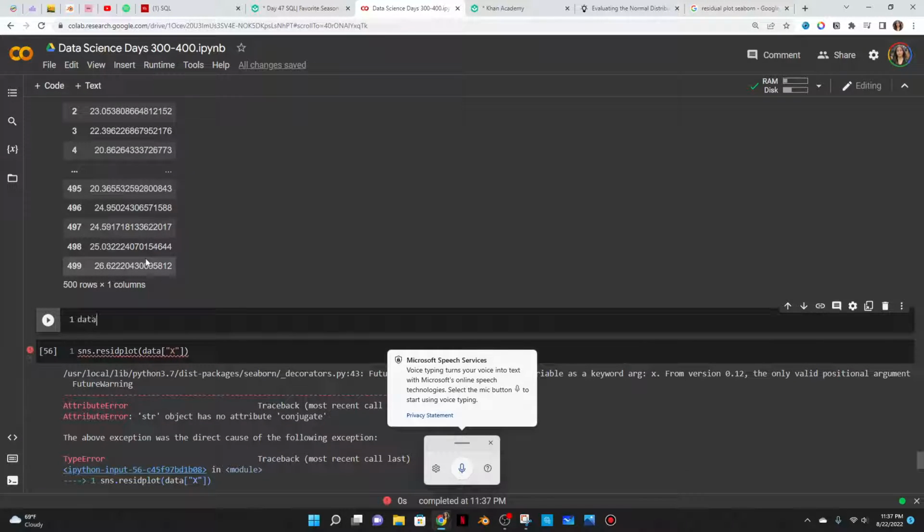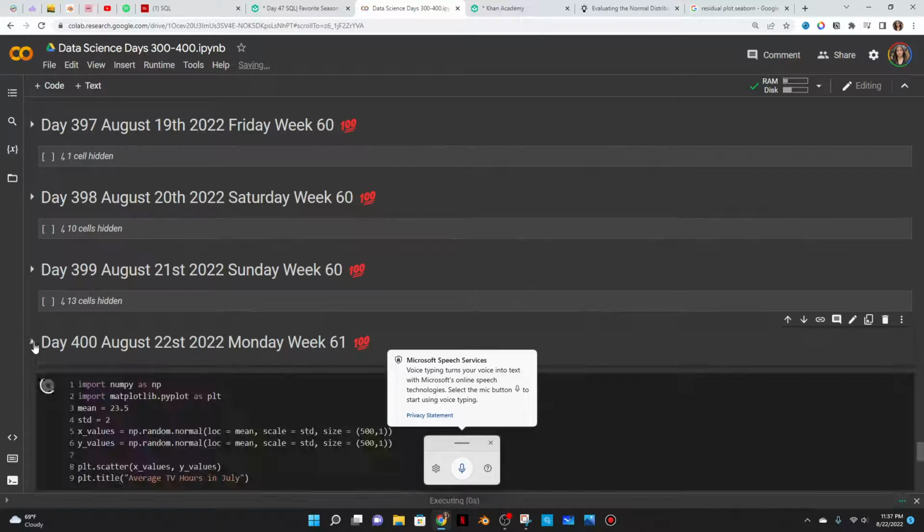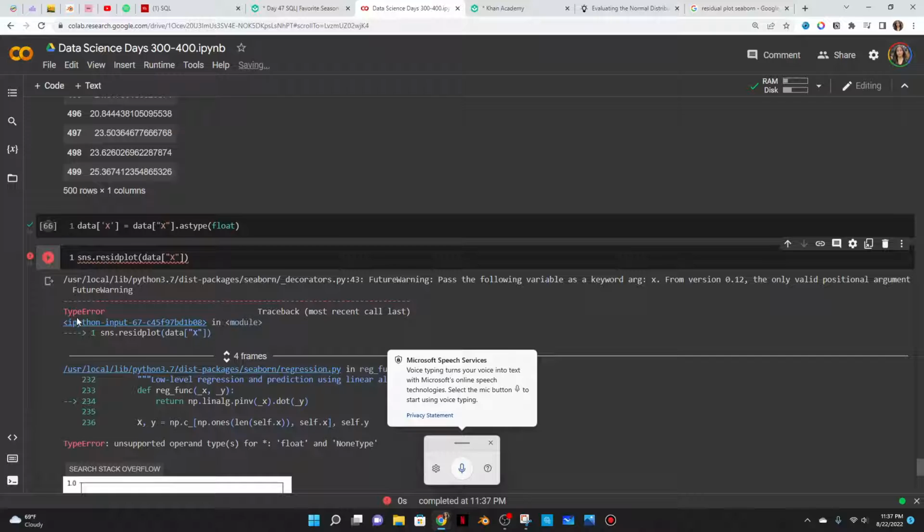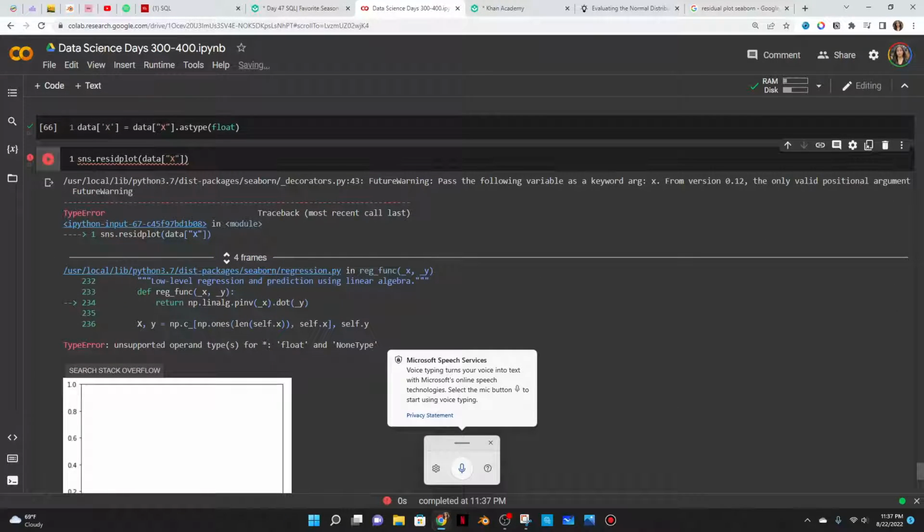So now it's going to be data x, and to convert it back from a string, it's going to be data x and then do astype. Set that to float. So let me go back, run that. Now what?